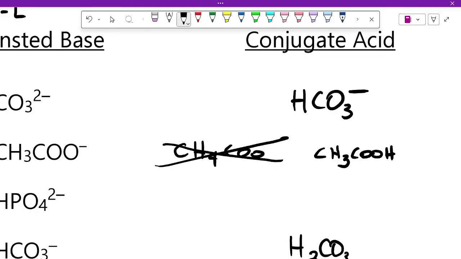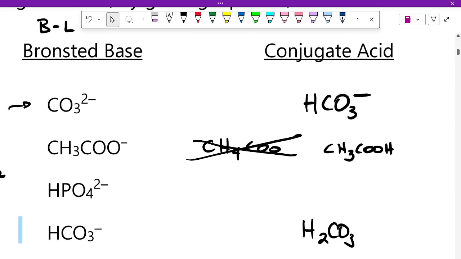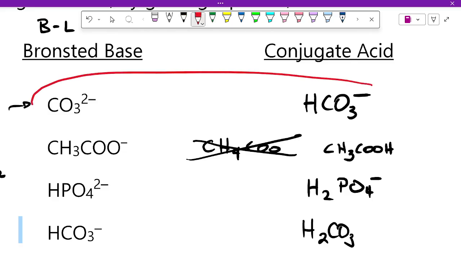All right. And our last one we come to is HPO4 2 minus. What does that become as its conjugate acid? Nathan. H2PO4 minus, absolutely. Okay. And what do we call these two together?